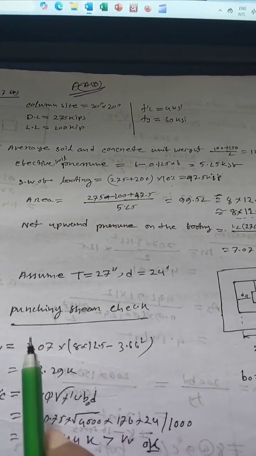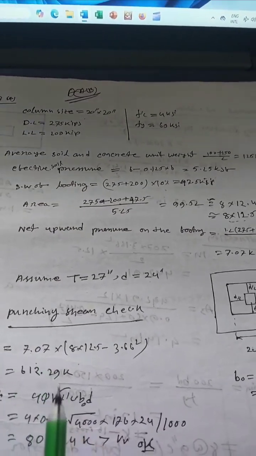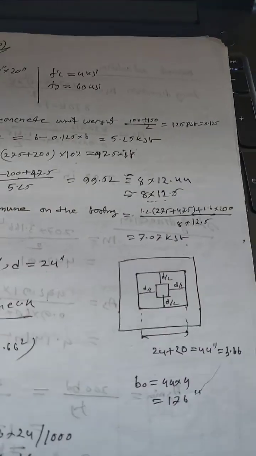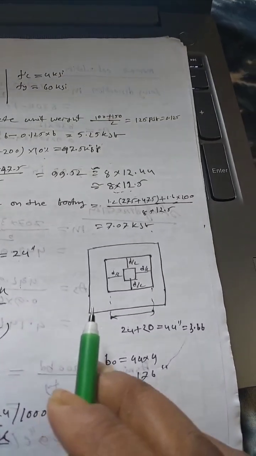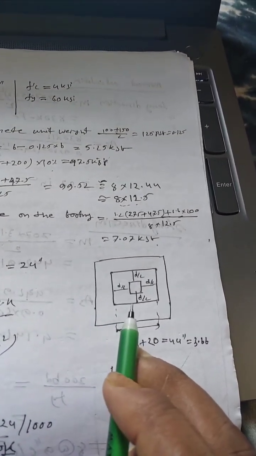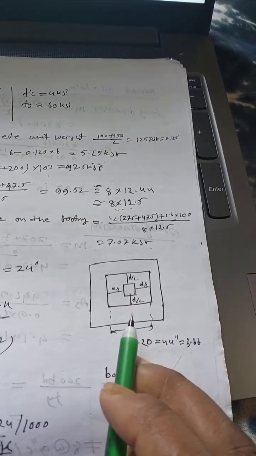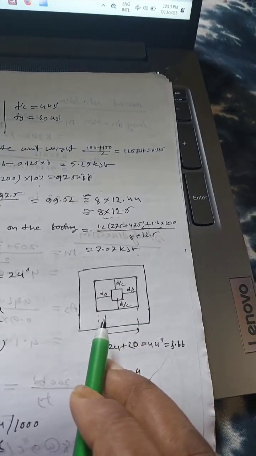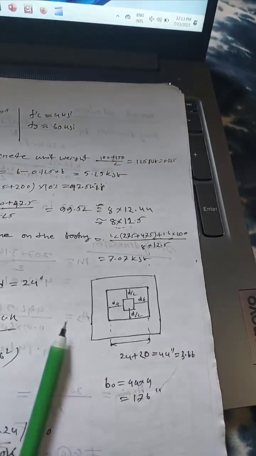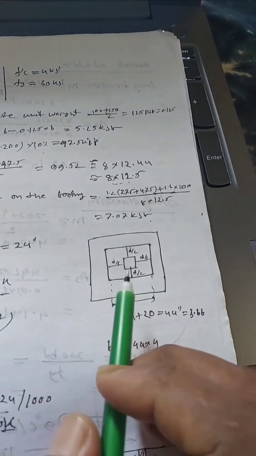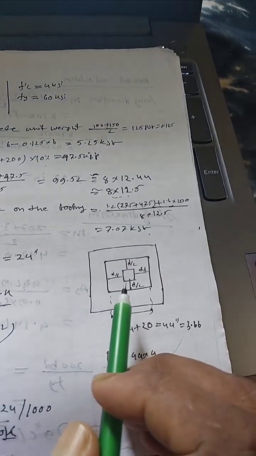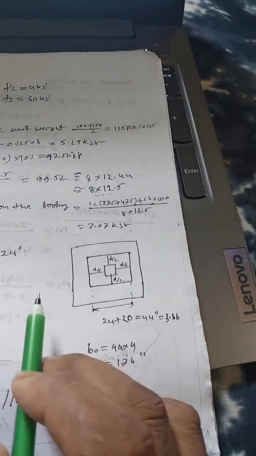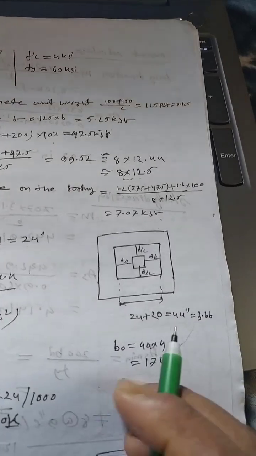Now we have to check the punching shear, the critical shear. We know punching shear acts at d by 2 distance from the outer face of the column. The column size is 20 inch, and d is 24.